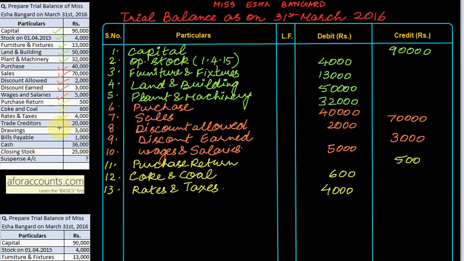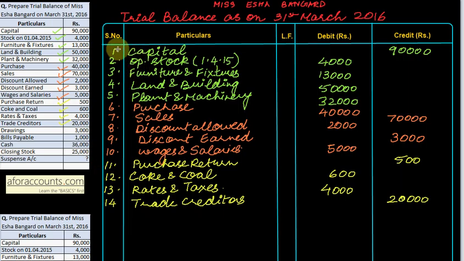Trade creditors. Creditors have credit balance, debtors have debit balance. So point number 14, trade creditors 20,000. Drawings have debit balance. See, you took money out of capital, you withdraw your capital, so it is drawings.